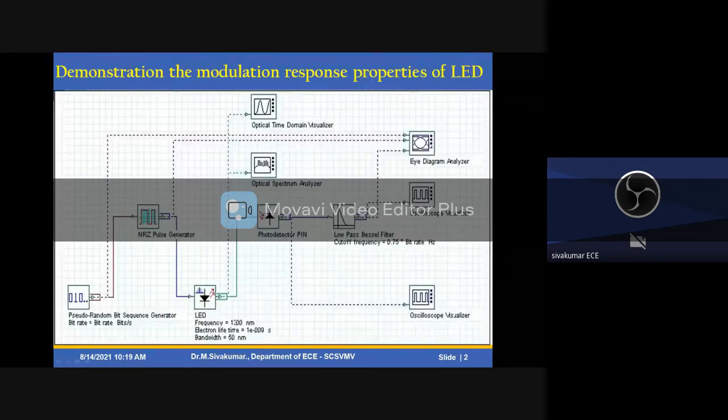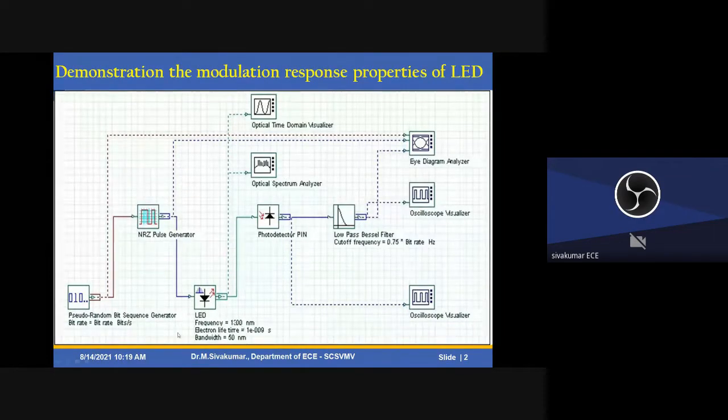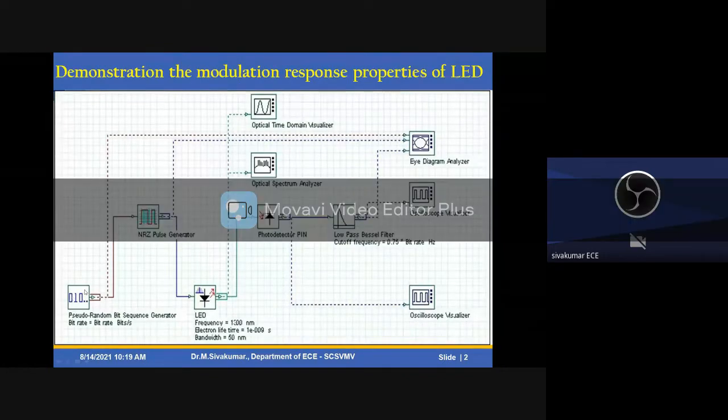These are the outputs, and you need to get the eye pattern. Yourself you choose the Bessel filter cutoff frequency, and also the LED wavelength, electron lifetime, bandwidth, all your choice. You give the bit rate. Whatever bit rate you give, then find out the modulation response of the LED.